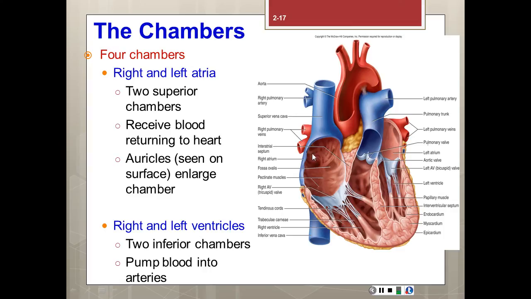So obviously when you do a cross section, you're going to see the right one more than you see the left, because the left ventricle will form the apex and the inferior posterior aspect. So inferior meaning low, posterior meaning behind. So you see most of it from a posterior view, behind the heart.